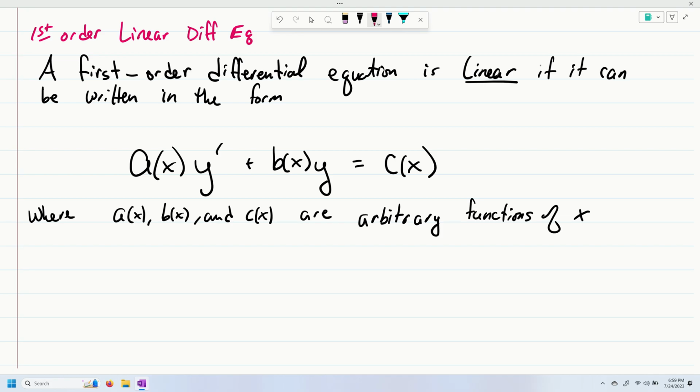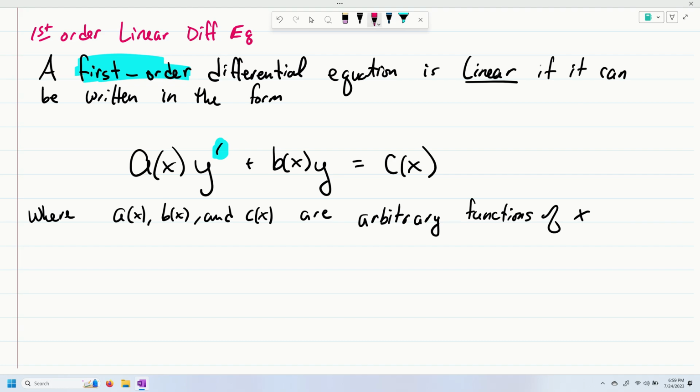But now we have to understand it. You could probably put this down on a flashcard, but if somebody came up to you and asked, "Why is it linear?" here's why. Let's start with this: why is it first order? Because you have a first derivative. That's why it's first order. But what makes this linear?